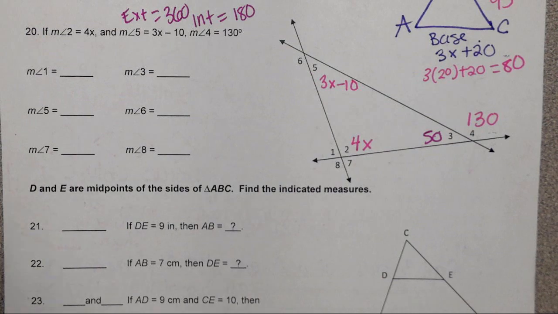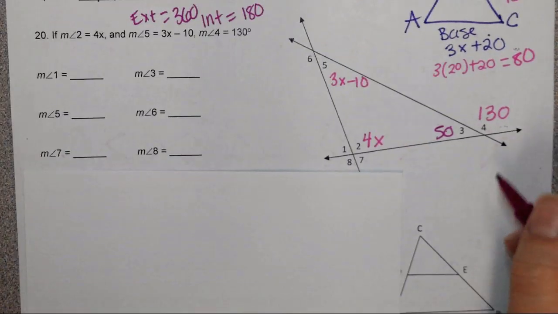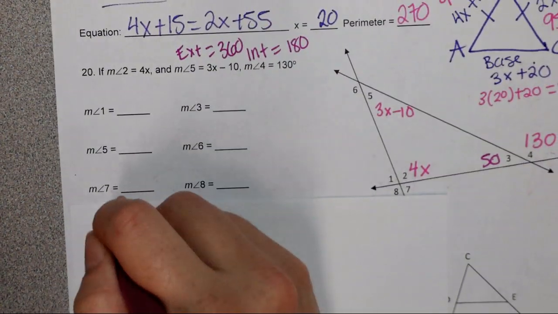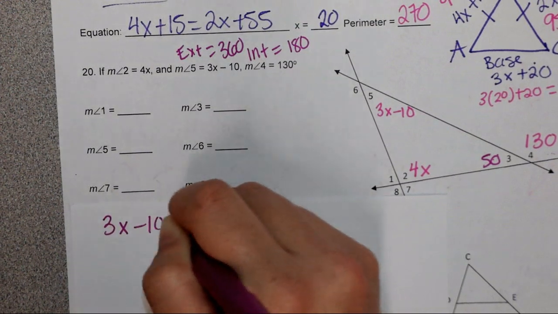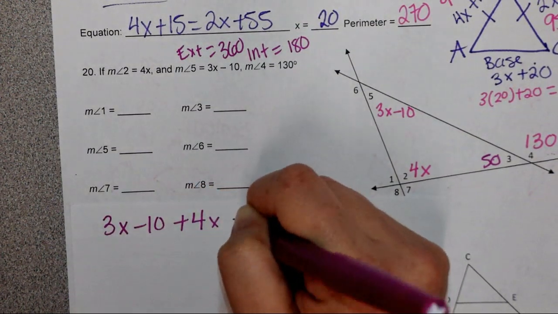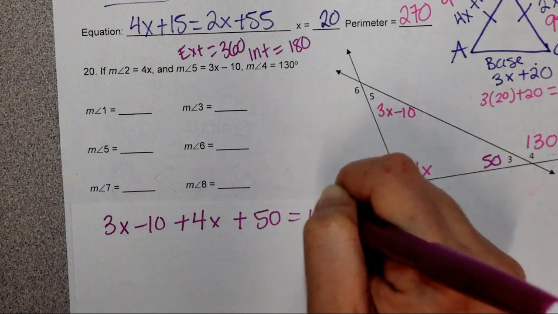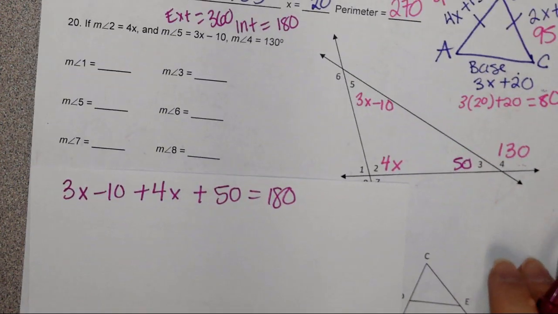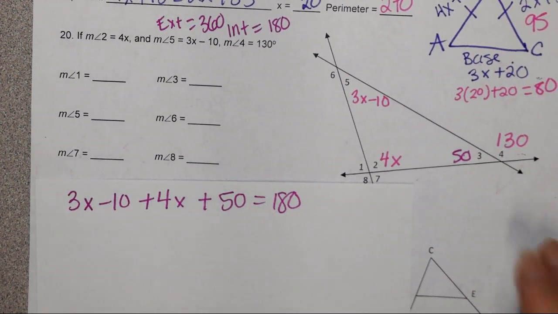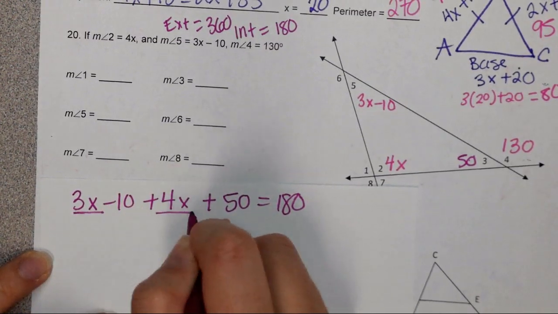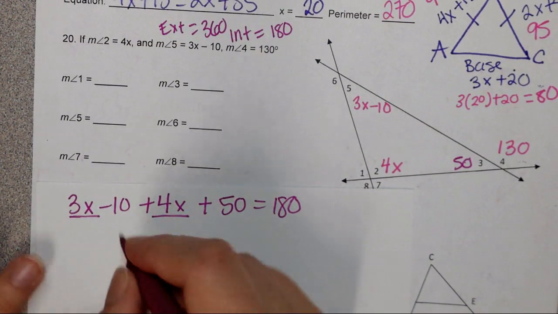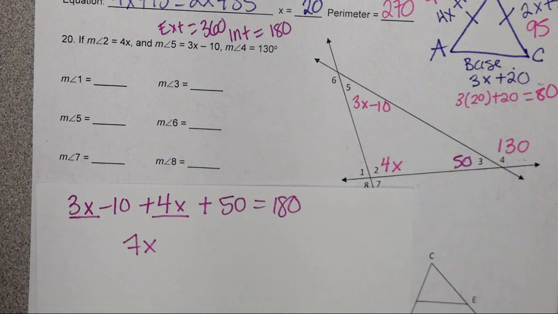Blank piece of paper. All right, and now I can say that 3x minus 10 plus 4x plus 50 is equal to 180. Okay. All right, let's combine like terms. So 4 plus 3 gives us 7x.